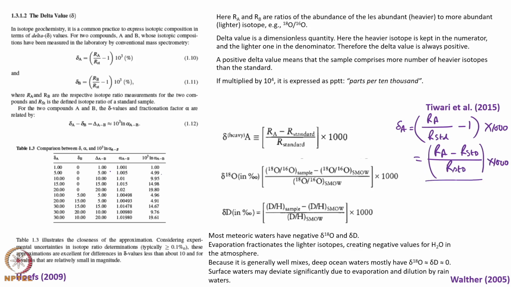Now compare this expression with this expression, with this expression and with that expression. D by H SMOW is the R standard in this case of delta D, and 18O by 16O SMOW is the R standard in this case.